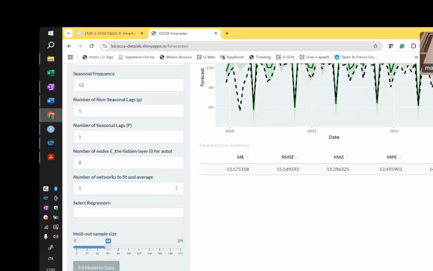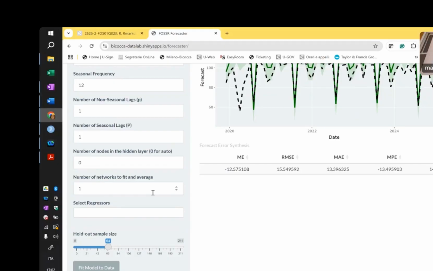And you can choose the hidden layers and the number of networks to fit, because in neural networks the result is random, since it depends on the starting values you provide to the optimizer.